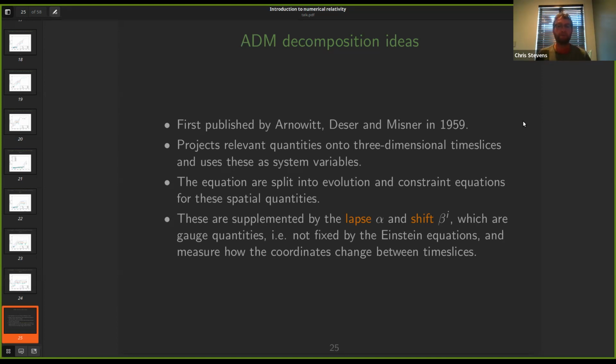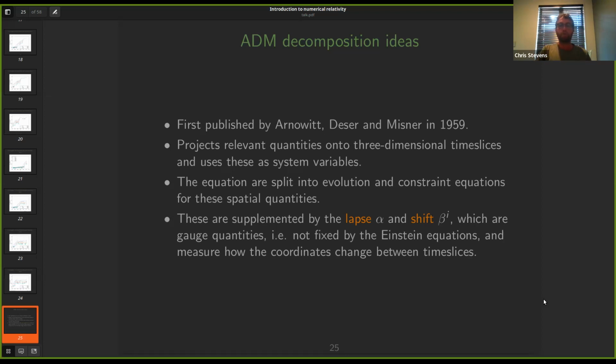So the lapse and shift functions are the ones that were in Jörg's video with the binary black holes with the color and the arrows. The color was the lapse, which represents some sort of proper time between surfaces of constant spatial coordinates, and shift is a three vector that sort of corresponds to how your spatial coordinates move from one time slice to the next.